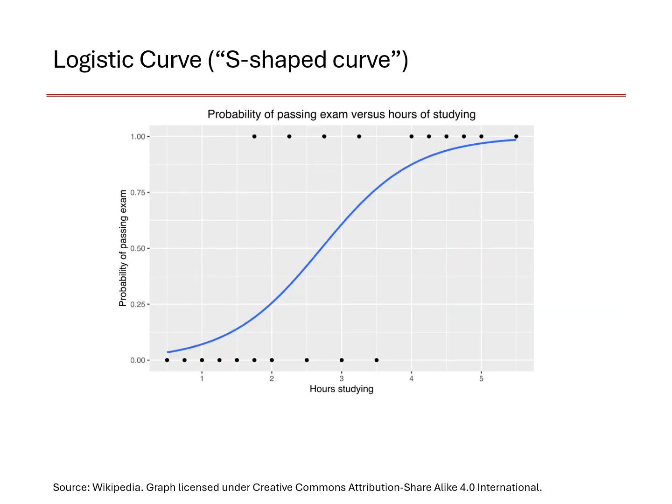What we are trying to fit in logistic regression is the logistic curve, also referred to as the S-shaped curve or a sigmoid. In the example here, we are trying to use the hours spent studying to predict the outcome of an exam.